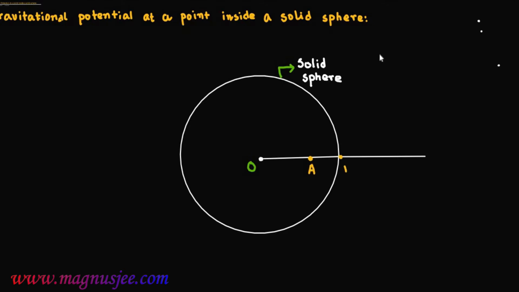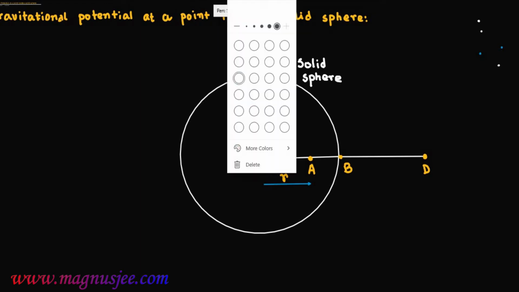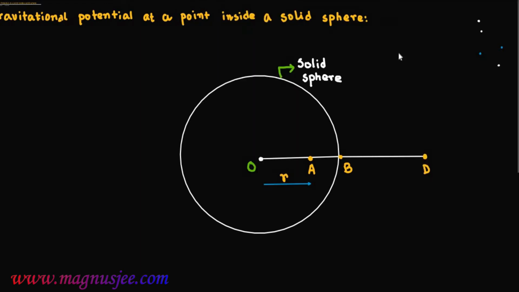We consider points A, B and D. A is a point inside the solid sphere, B is a point on the surface of the solid sphere, and we denote the distance of the point A inside the solid sphere from its center O by small r. Small r is the distance of the point A from the center O of the solid sphere.